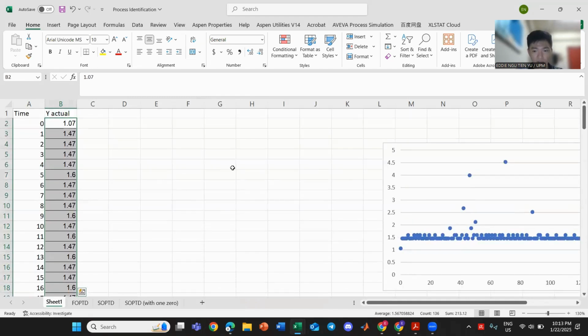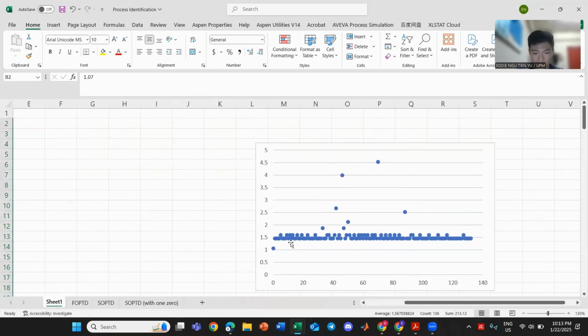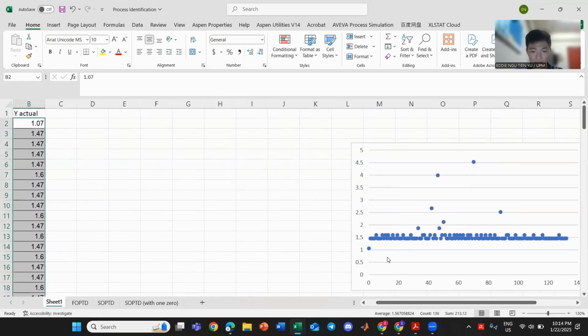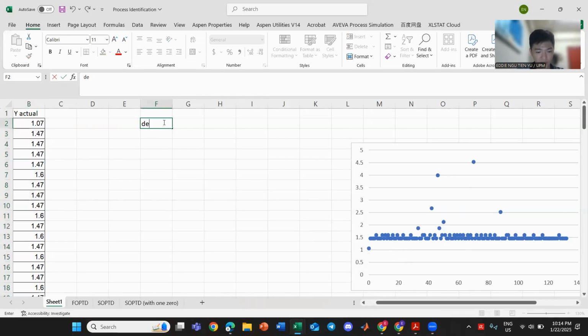Okay, as you can see here, the changes for the water flow against time are already at steady state, but we have to define it because it is the change in variable.